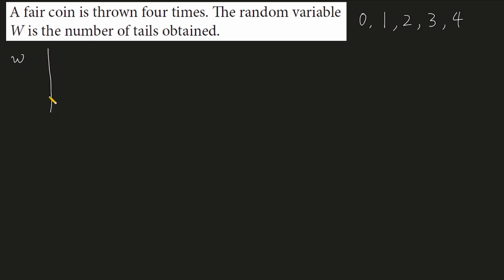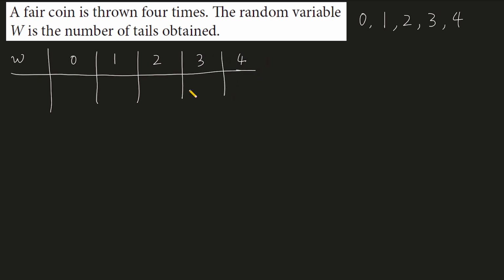The possible values are 0, 1, 2, 3, and 4. Now we need to find the probability that the random variable equals these values.